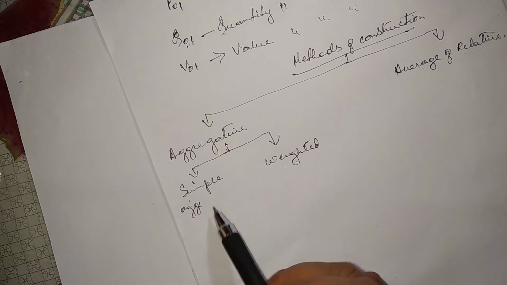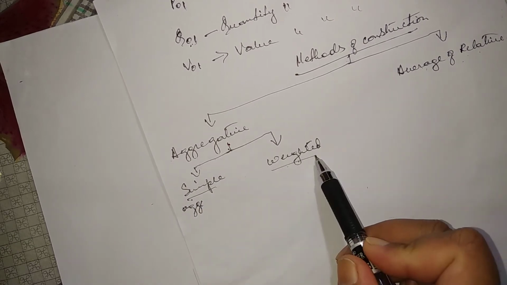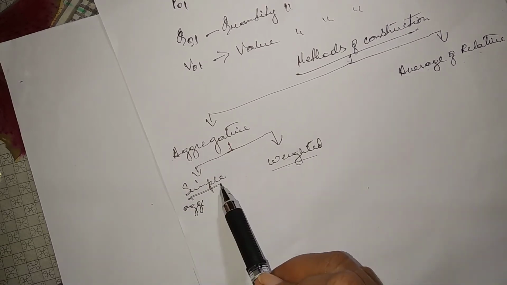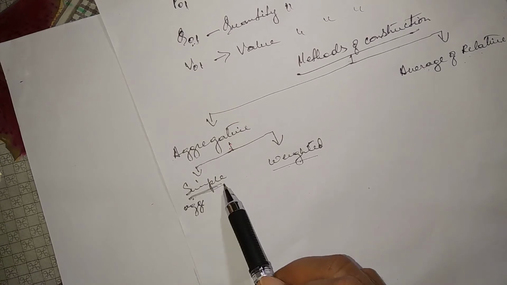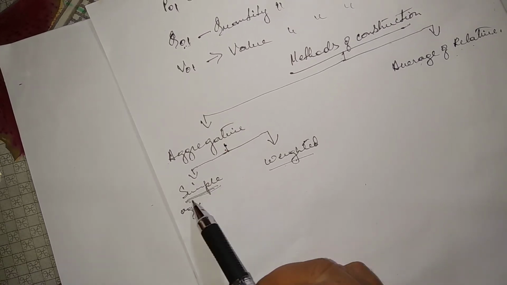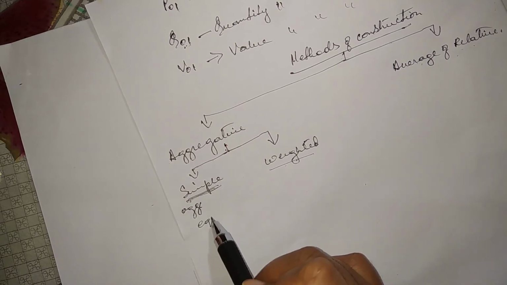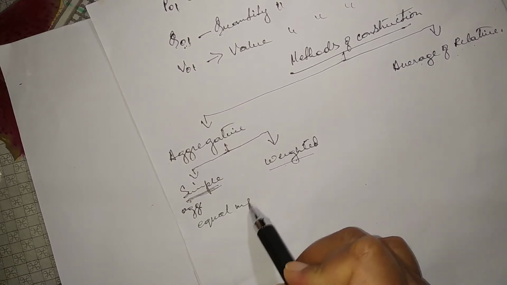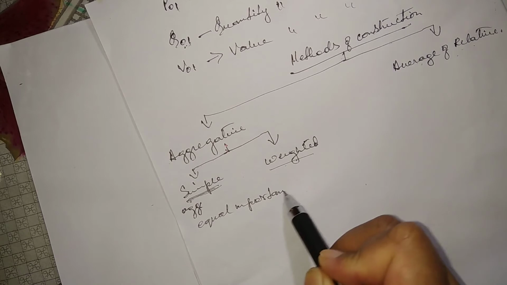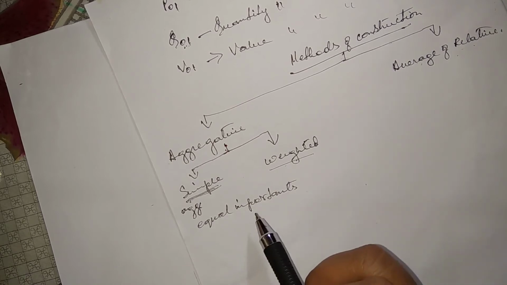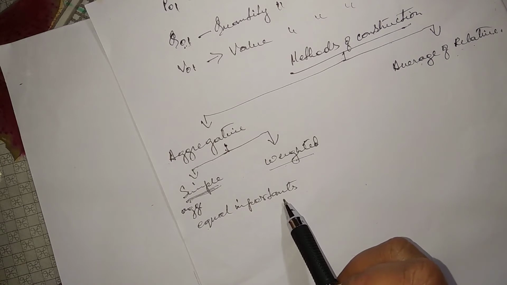So what is the difference between simple and weighted? Simple means all the commodities are given equal importance.